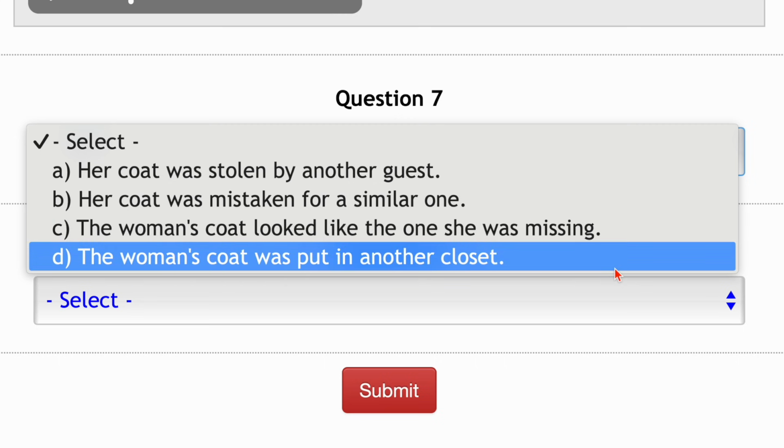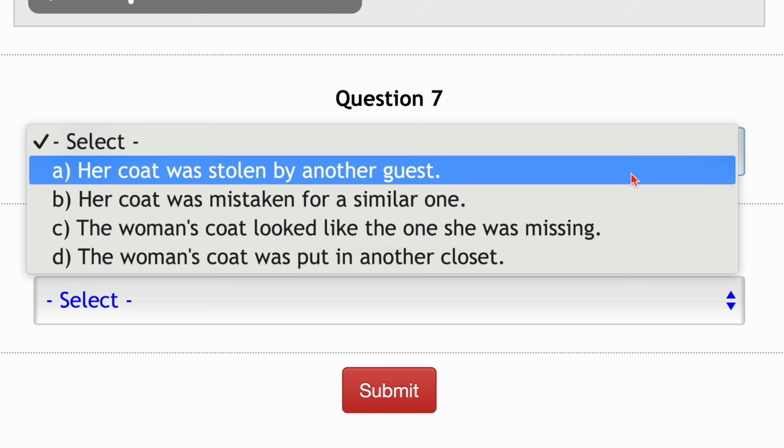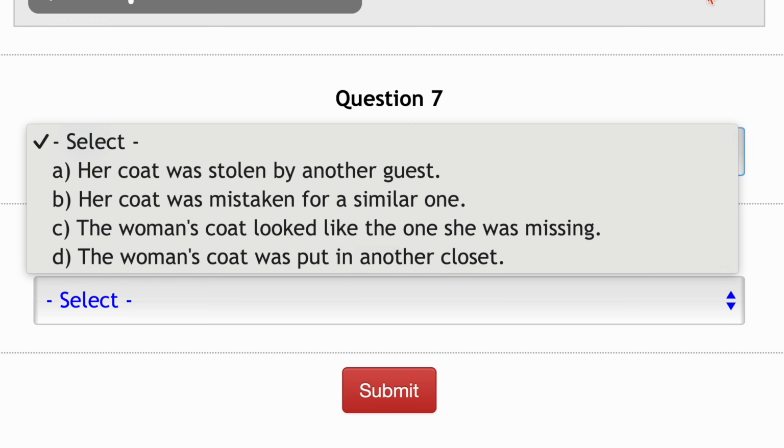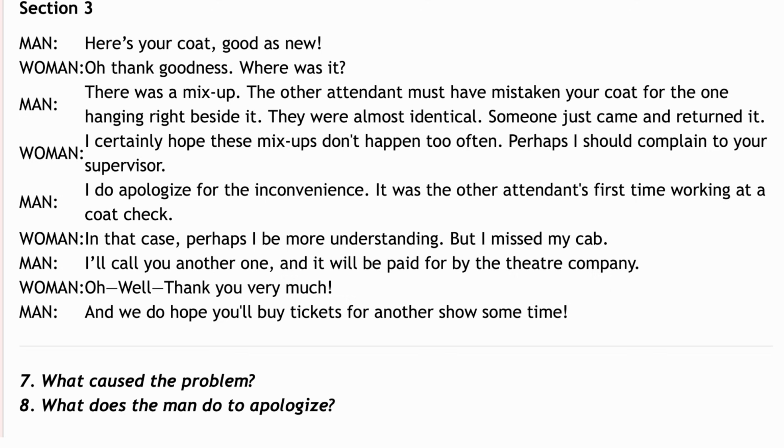Well, according to that one, not the coat was stolen, right? No. Also, not the coat was put in another closet. We didn't hear about it was put in another one. So, what I heard is that the previous attendant mistook, okay, again, that must have mistaken over here.